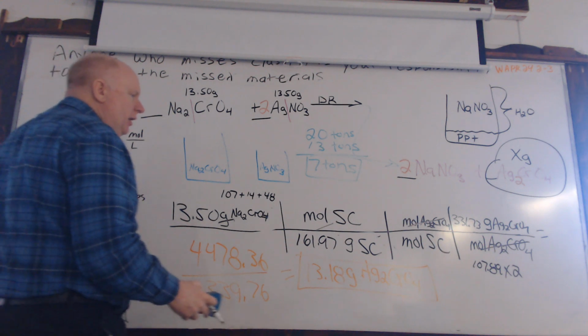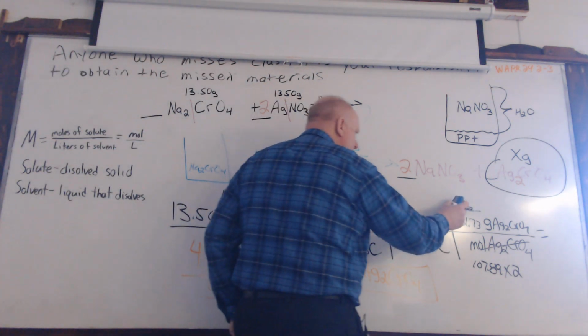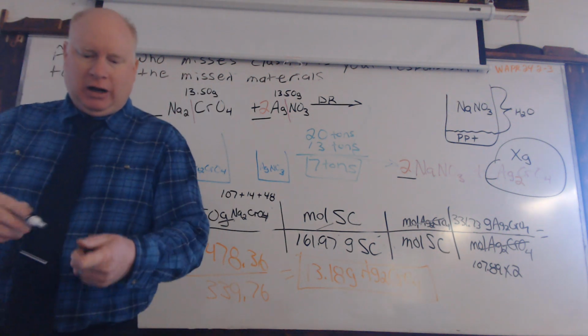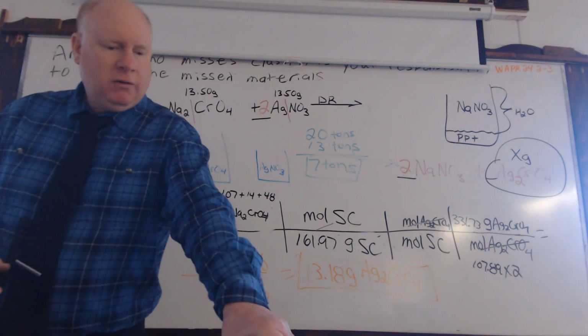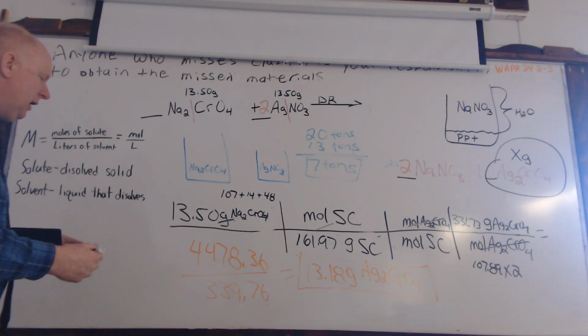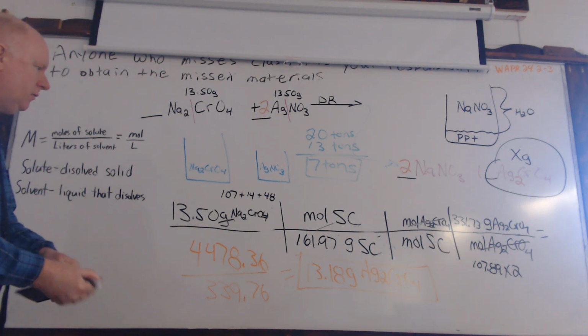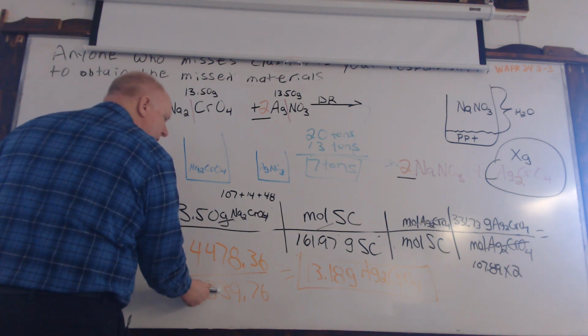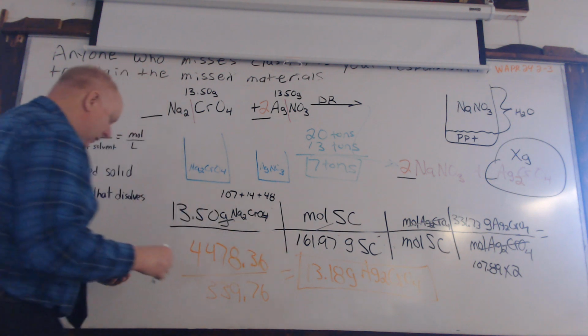And then again, this number does not change. So once we multiply across, what that will mean is now we'll be able to determine what's called a limiting reactant. This number is still the same. This one will be different because the atomic mass is different.